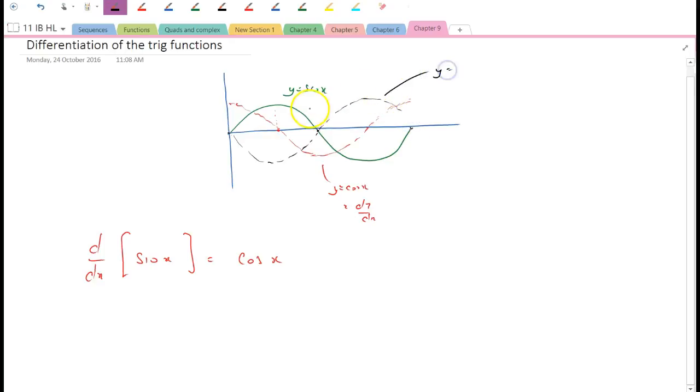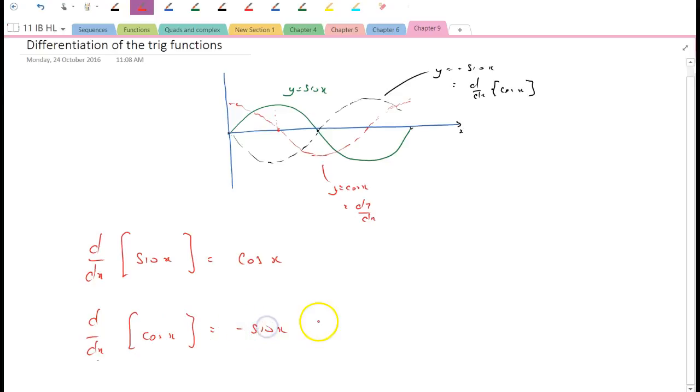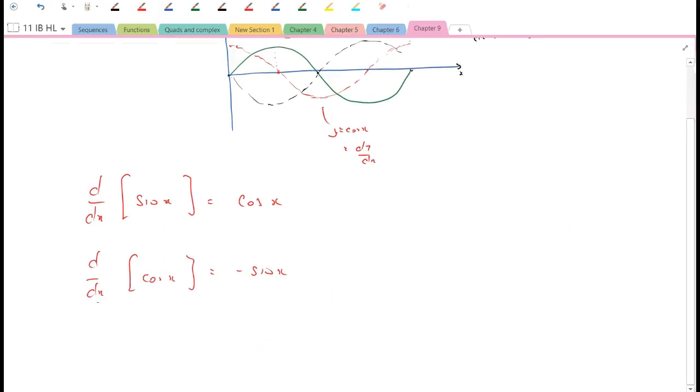This is sine x flipped in the x-axis, which is y equals minus sine x, and that's the derivative of cos x. So while we're at it down here, the derivative of cos x is equal to minus sine x. All right, that's wonderful.